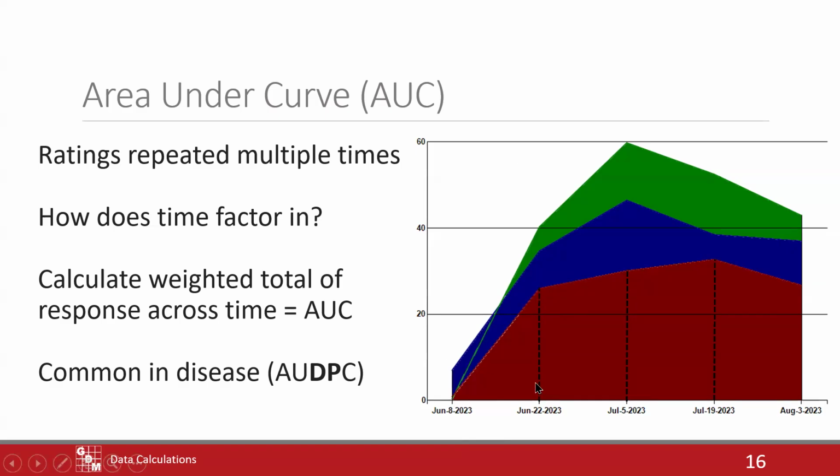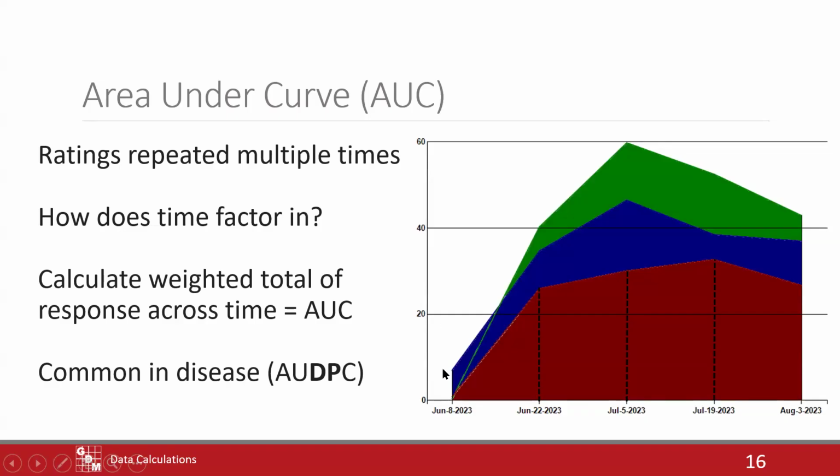That would give you a sense of what the response was. And we add up each of these boxes, add up that area altogether, gives us this weighted total of factoring in not just the response at one given time, but then the duration of the response.